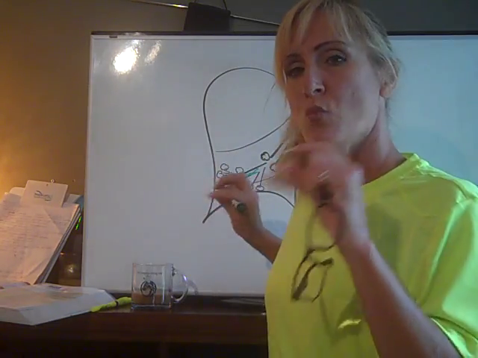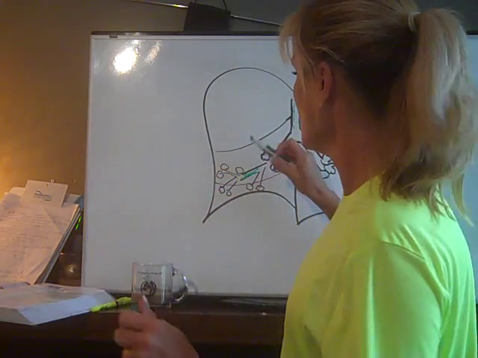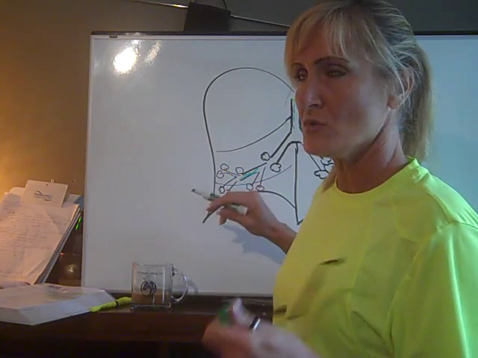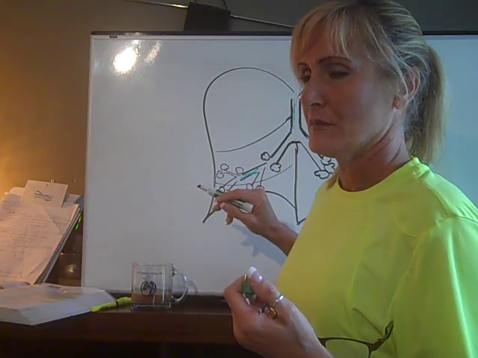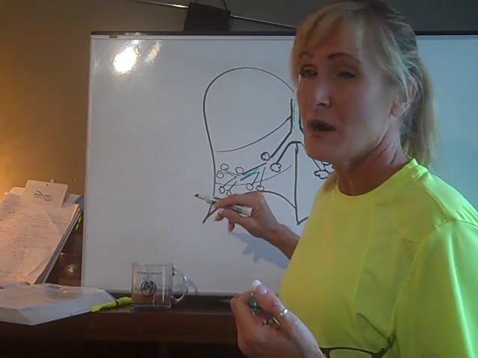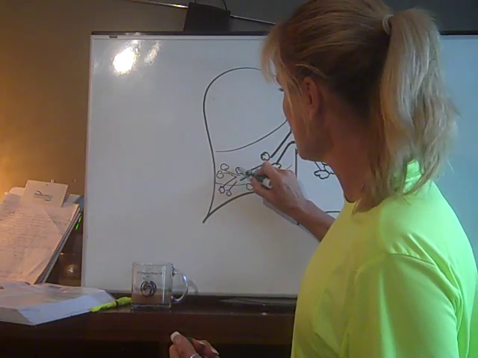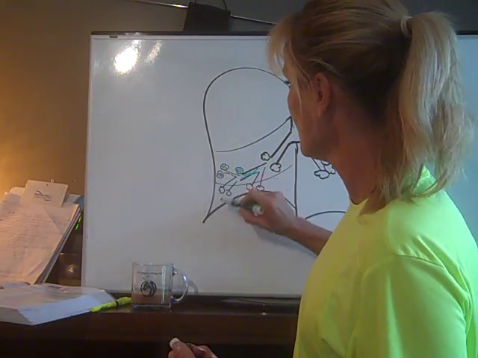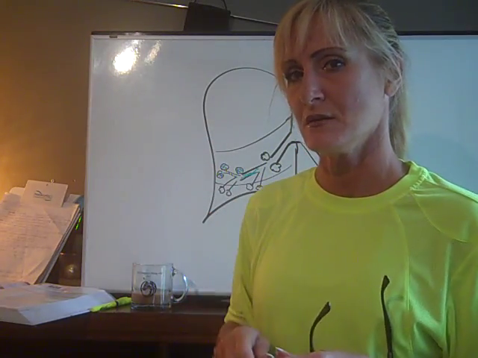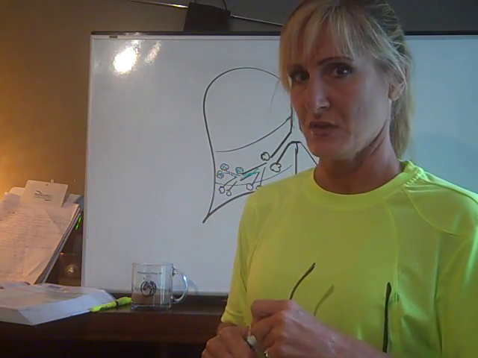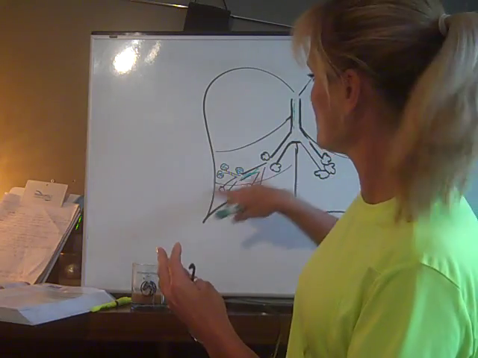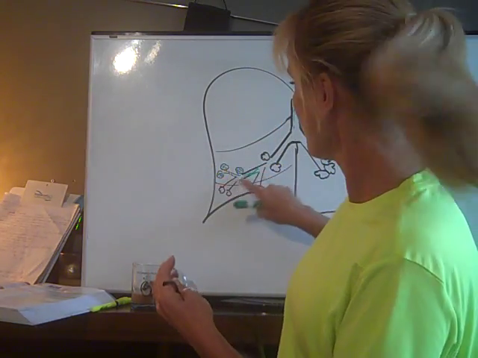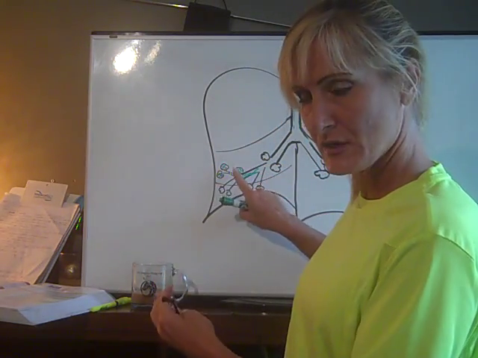But then if you have wet lungs for whatever reason, COPD, pneumonia, ARDS, all those kinds of things, you're going to start getting some fluid in the alveoli down in here. And that's when you're going to start hearing rales and crackles. Rales is usually a combination of airway obstruction and fluid.